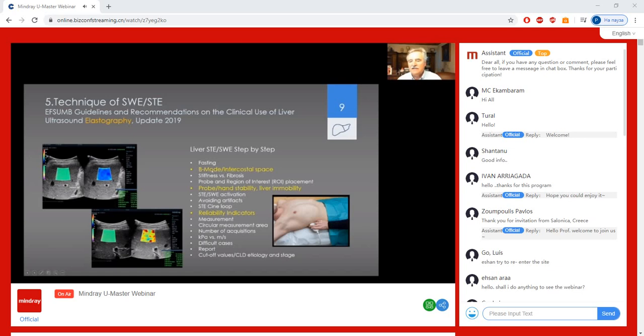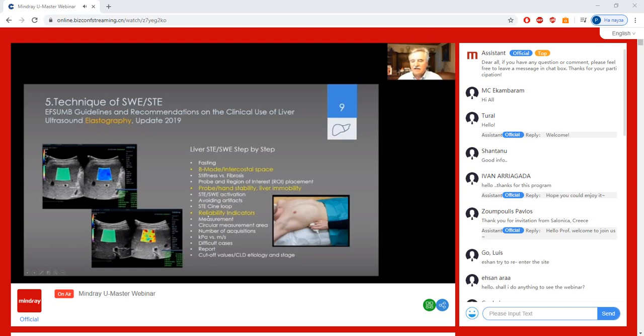Find an intercostal space and use the B mode before applying shear wave elastography. Your hand and your probe, of course, have to be stable. The same immobility has to be valid for the liver.